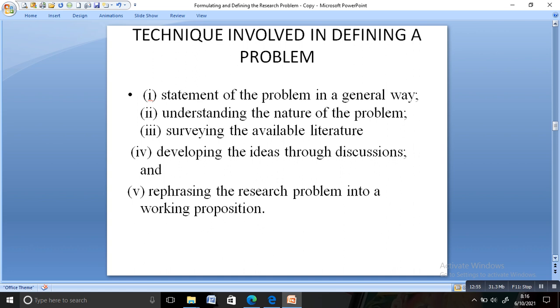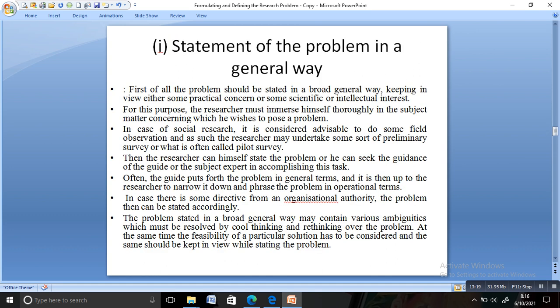What are the techniques involved in defining a problem? You have to state the problem in a general way, understand the nature of the problem, survey the available literature, develop the idea through discussion, and rephrase the research problem into a working proposition. So first is stating the problem in a general way, in a broad way, based on your area of interest.